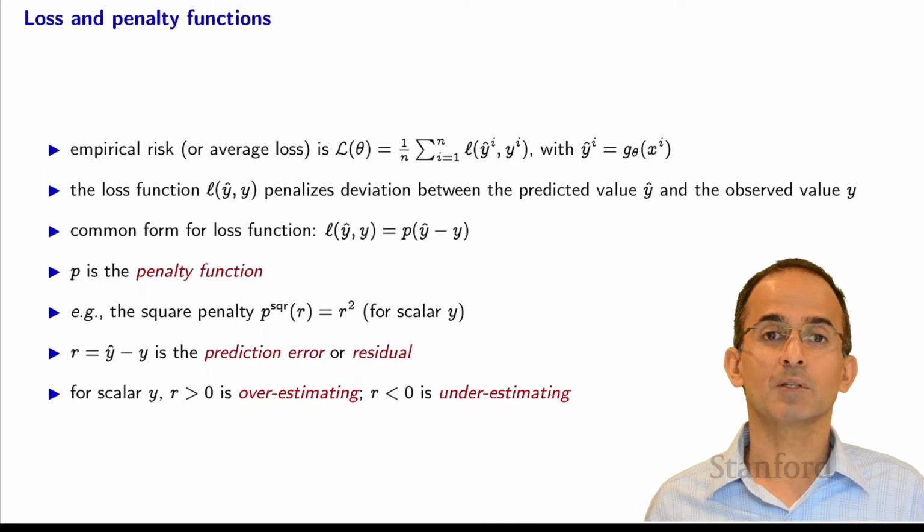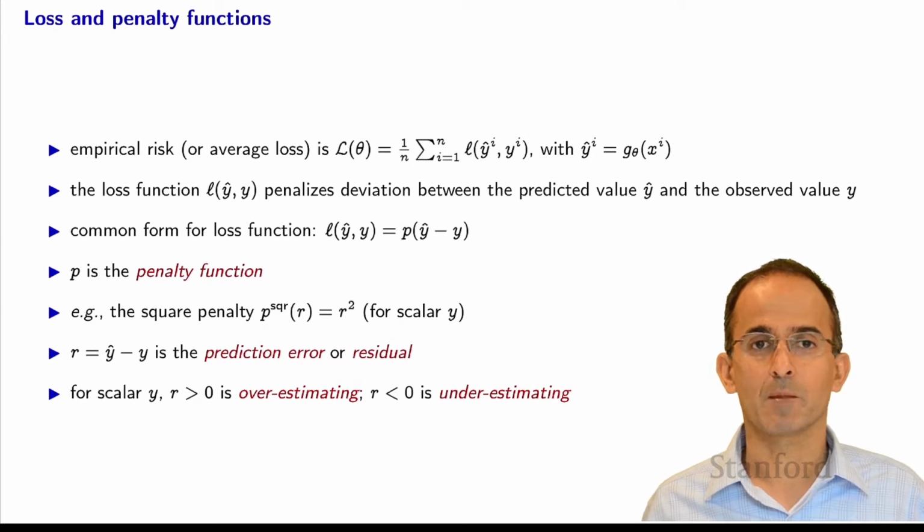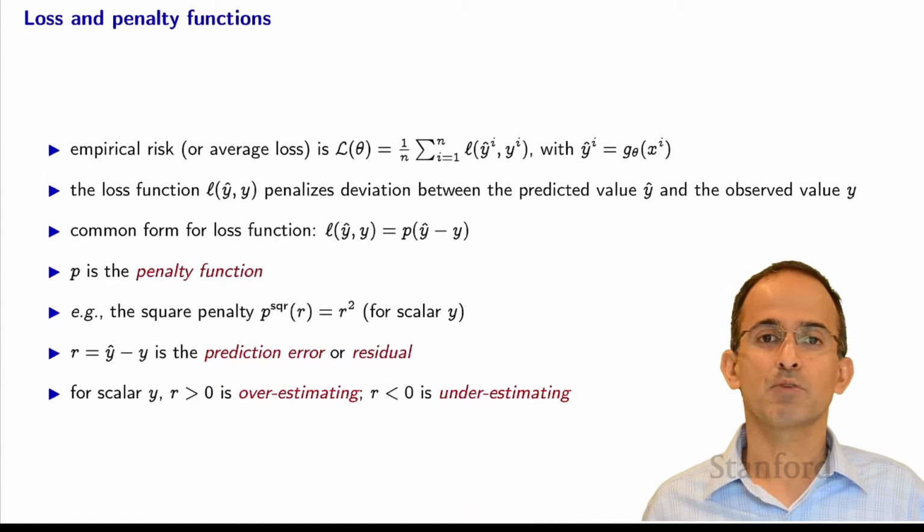We've seen, for example, the square penalty, r squared, where the resulting loss function is therefore the square of ŷ minus y. Here, r, ŷ minus y, is the prediction error, or the residual.